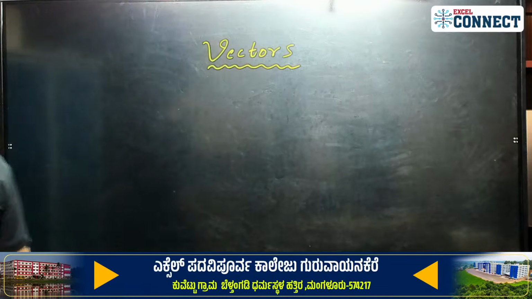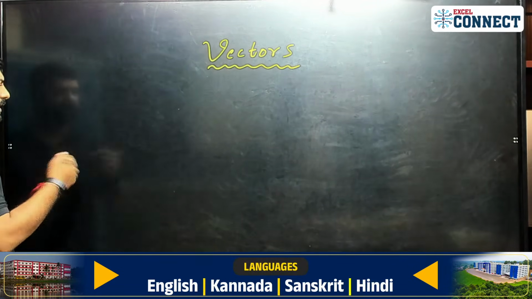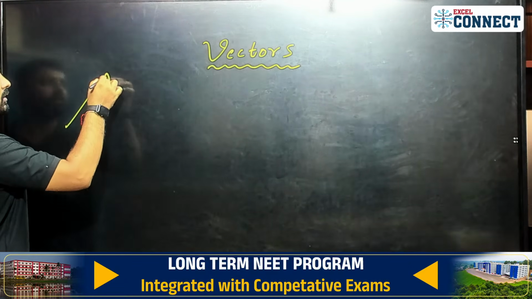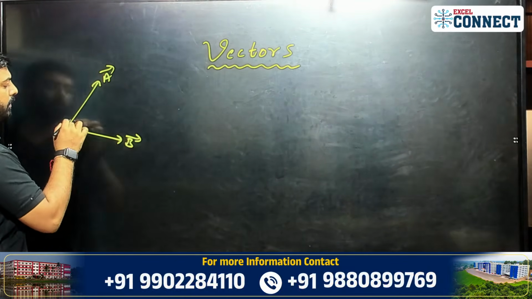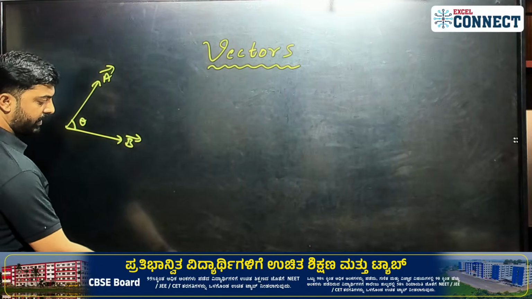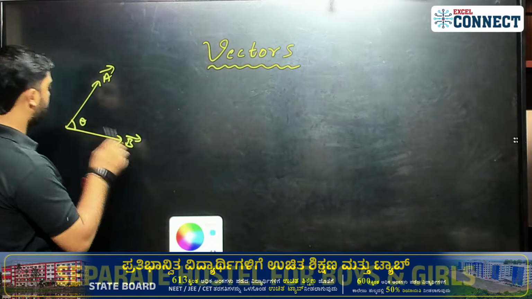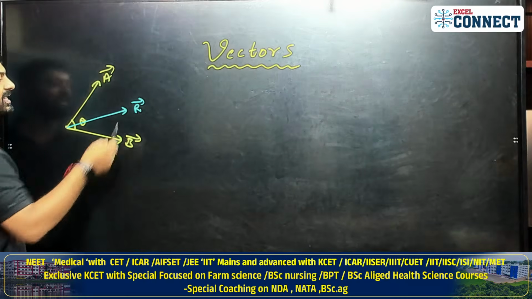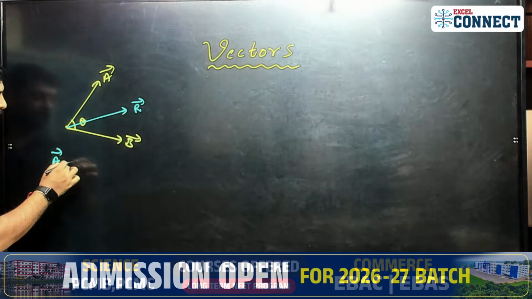In the last topic, we found the resultant vector and its magnitude. If two vectors A and B have an angle theta, then the resultant vector can be called R. So, I can take A vector plus B vector.